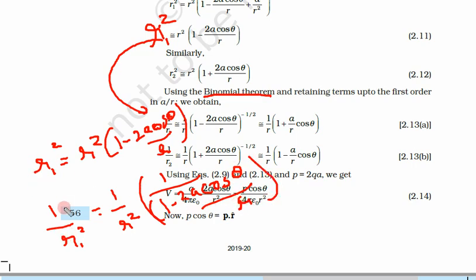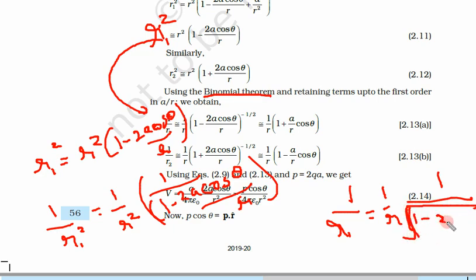Now if we take the square root, this is simply 1 upon r1 is equal to 1 by r, and 1 upon 1 minus 2a cos theta upon r, all under the root.